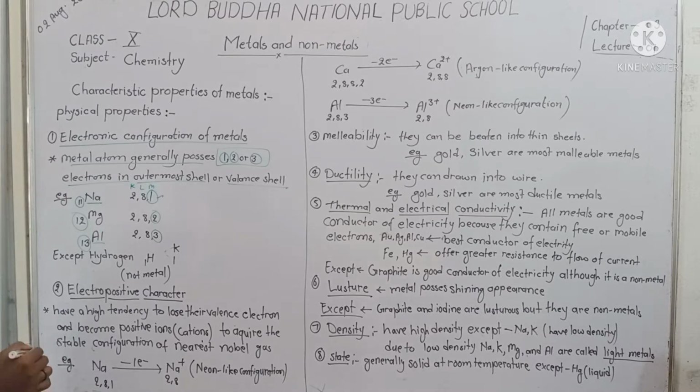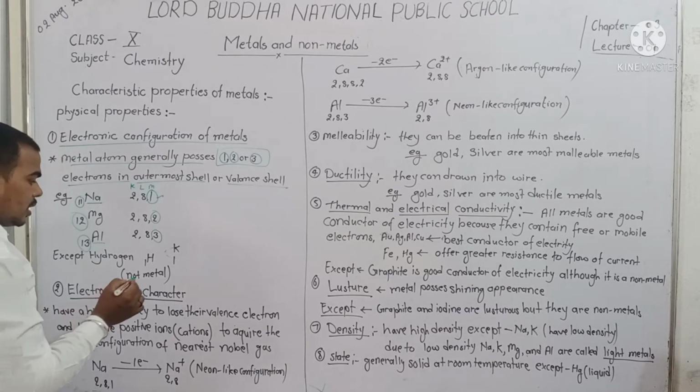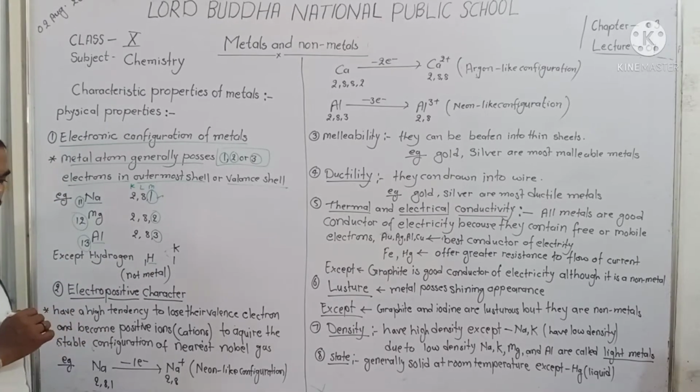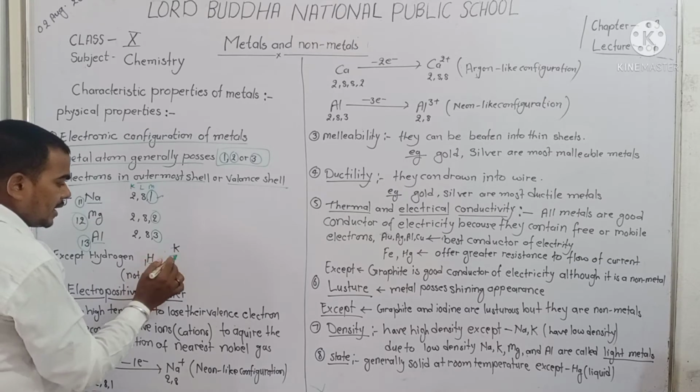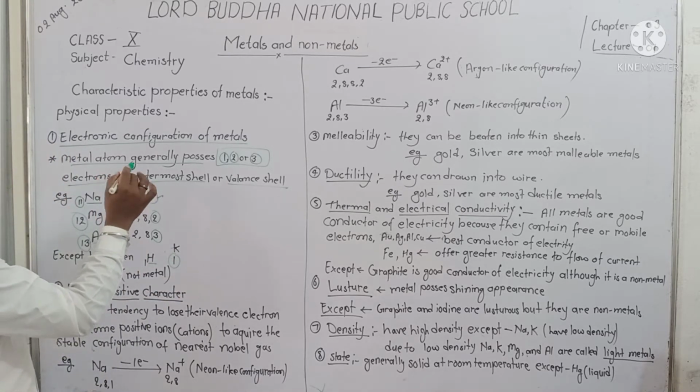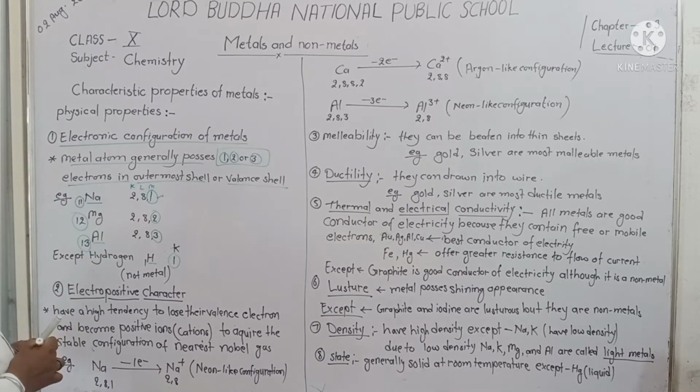Okay, student. Dear student, but there is an exception here. Here, an element that is hydrogen. The atomic number of hydrogen is 1. In the atomic configuration, in K cell there is 1 electron. You know that an atom which has 1, 2 or 3 electrons in its outermost cell is known as a metal.